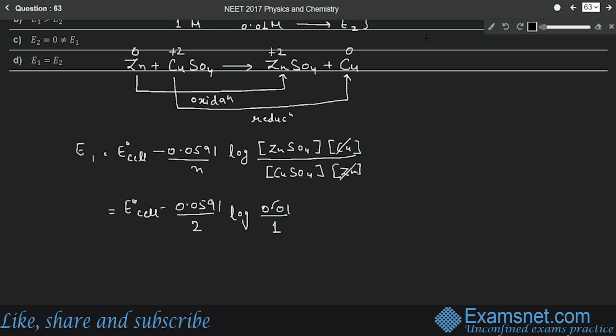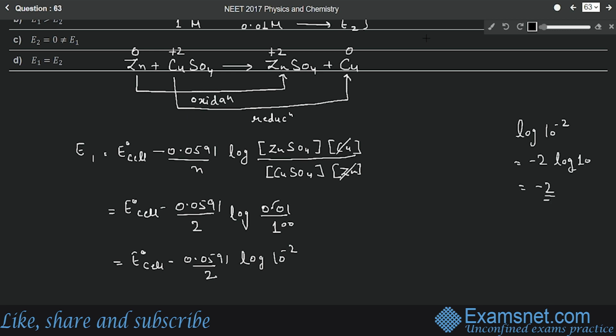So it will become 1 by 100 here. Let's solve it further. E naught cell minus 0.0591 by 2 log 10 to the power minus 2. Now what will be the value of log 10 to the power minus 2? It will be minus 2 log 10, and log 10 is 1, so it will be minus 2 only.